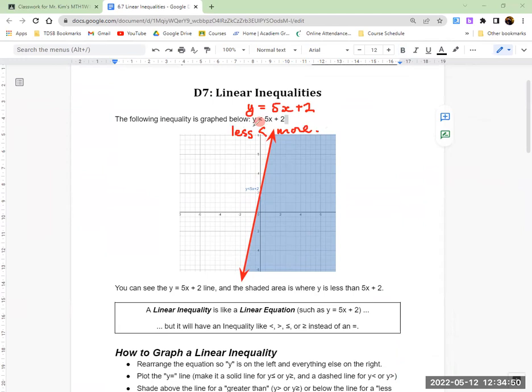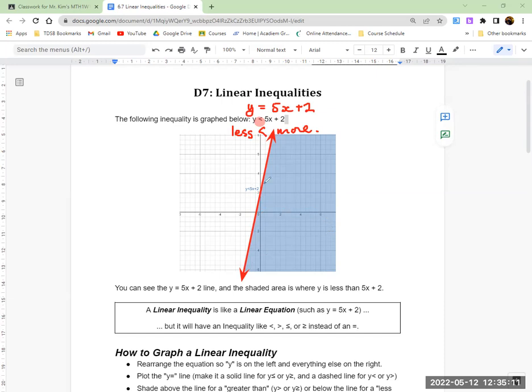Okay? So I want all of my y values, all of my up and down, all of my heights, you get the point. I want all of the y values that are underneath this line as I move along the x-axis.